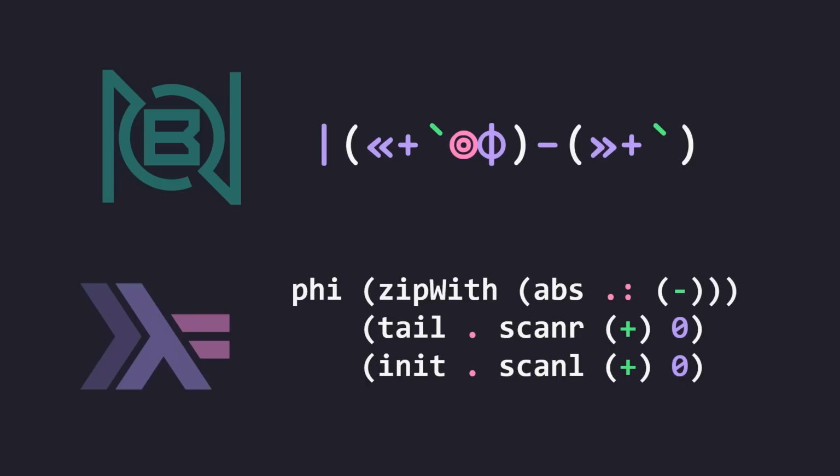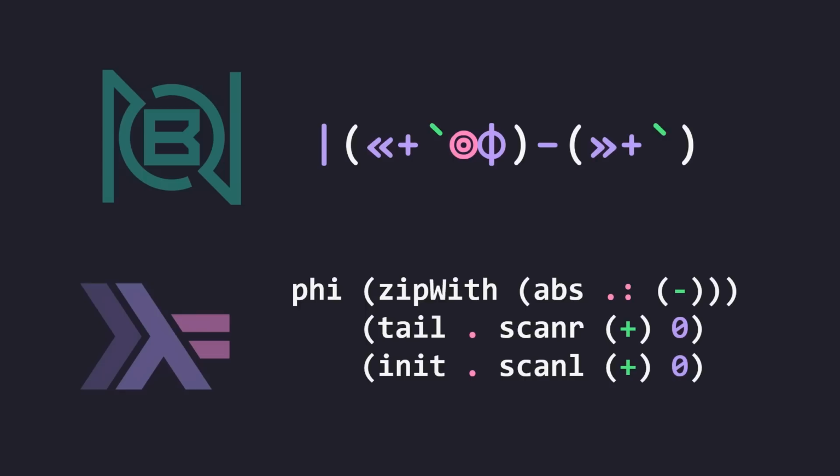And each of these solutions are using the phi combinator, which is what we call a fork in BQN, and the B combinator. The B combinator is the dot in the Haskell solution, and it's implicit in the BQN solution when we compose the absolute value function with the unary function that is returned by our phi combinator or our fork. And yeah, absolutely beautiful.